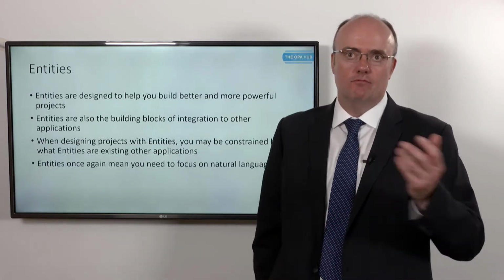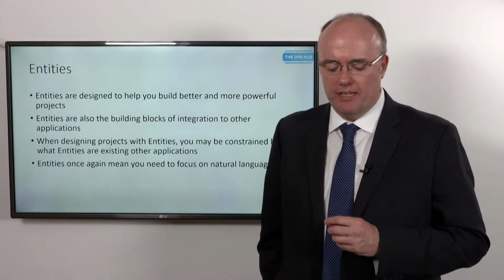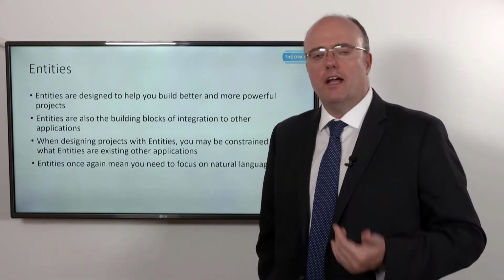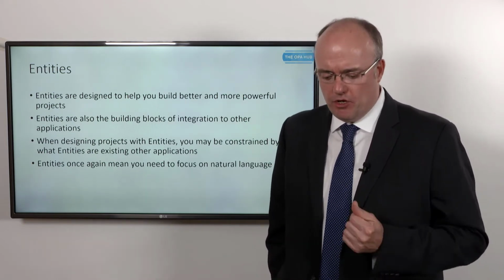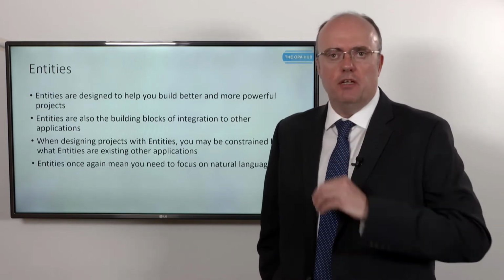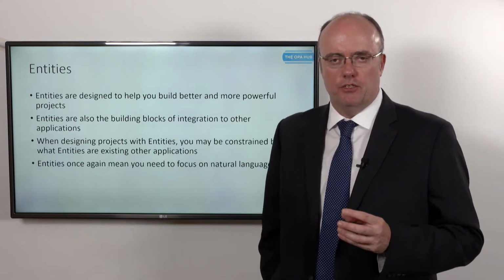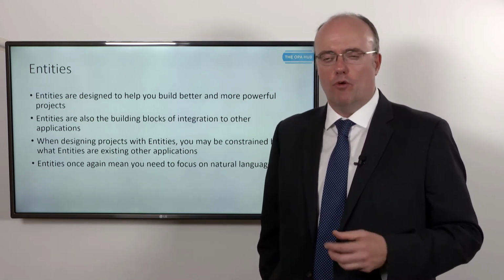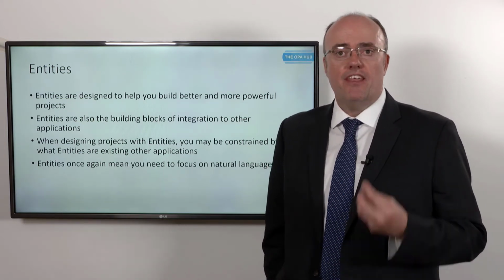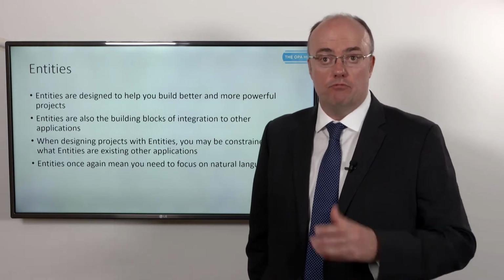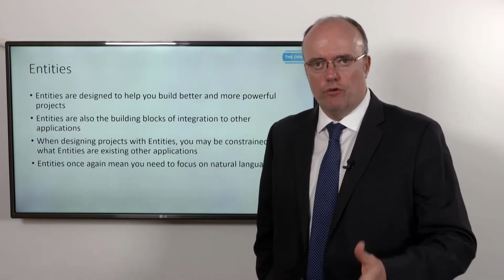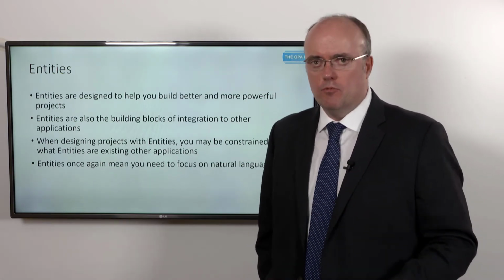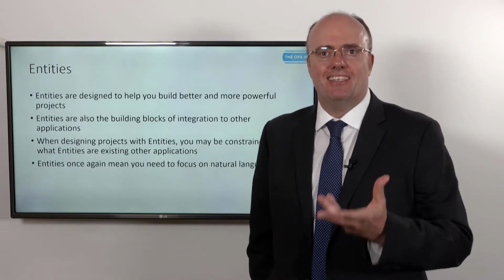So, now, entities. So what are we talking about? First of all, why do they exist? They're there because they're often the building blocks of integration with other applications. If we think about, for example, a customer relationship management system or a customer experience or ERP, they often have concepts which we've probably heard of, like you have orders, order lines, customers, service requests, activities.